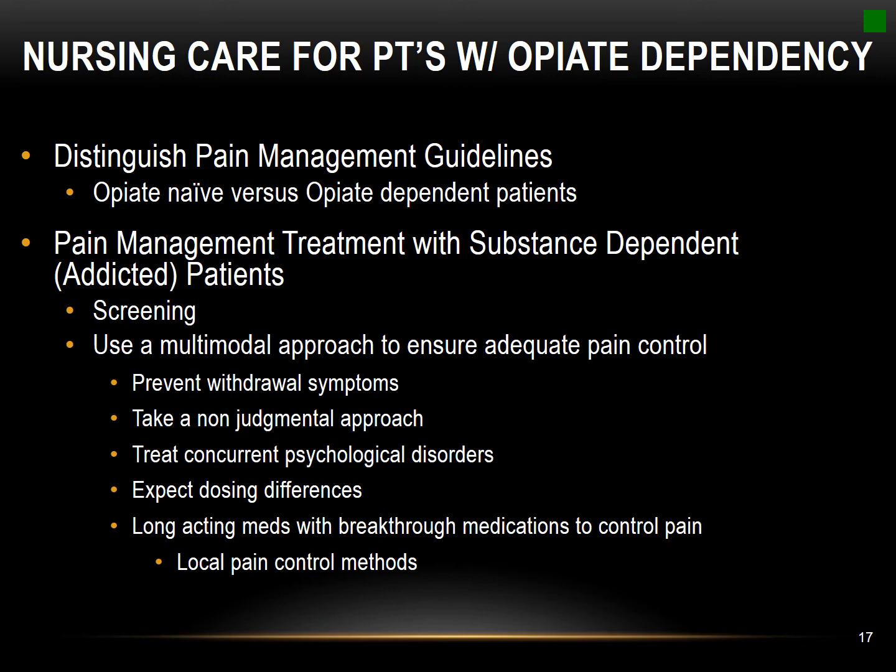Ask specifically about opioids when taking a substance abuse history. So after you ask a question about alcohol use, you can say, do you use any other drugs? Then name the opioids like OxyContin or Vicodin or codeine. There are some red flags used to detect opioid dependence with patients.